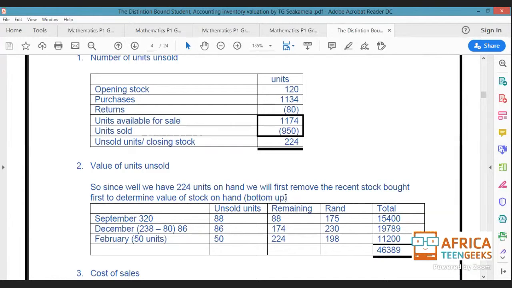So we're going to use the bottom up method, right? The bottom up method works so nicely under FIFO because FIFO says first in, first out, okay? I see a comment, just want to check.